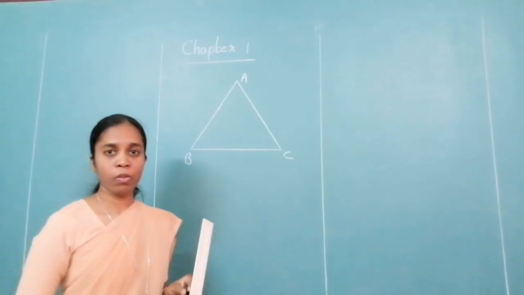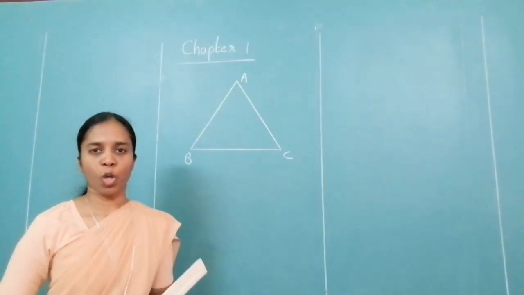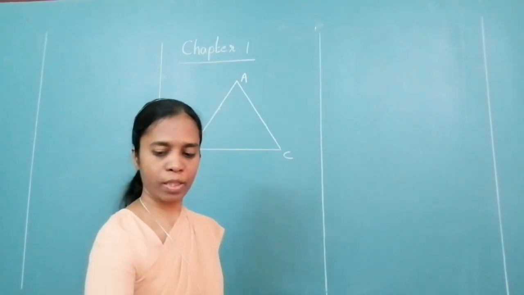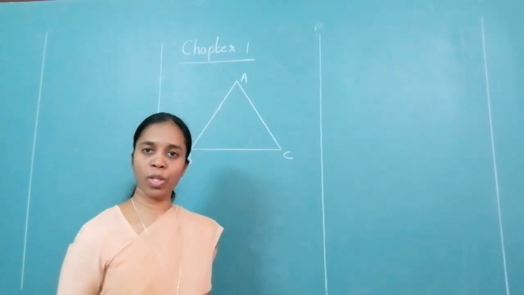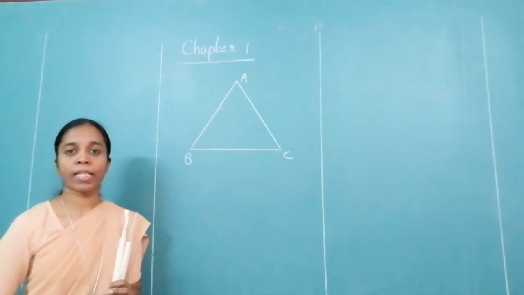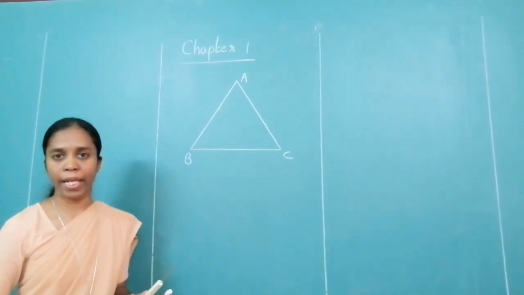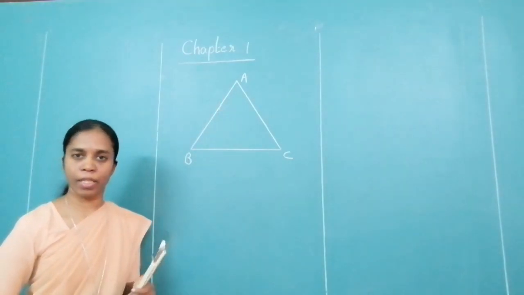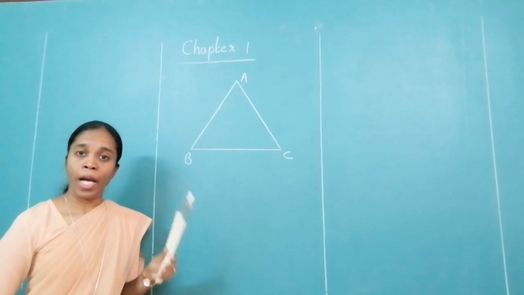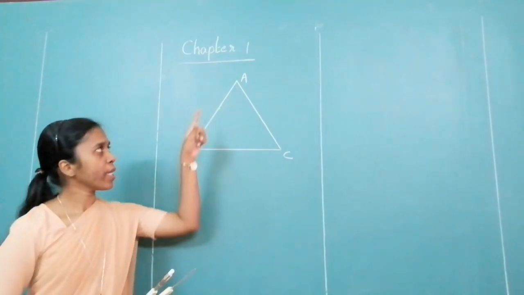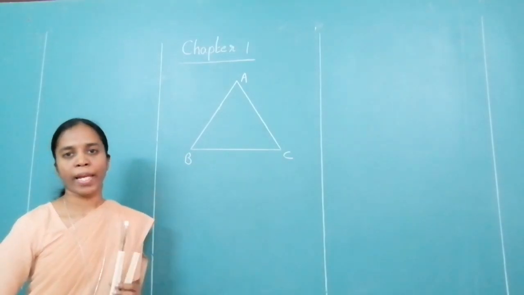Okay. Now I have a triangle drawn over here. All of you know how to draw an angle bisector, isn't it? An angle bisector is for an angle. Now when you look at this triangle, how many angles are there? There are 3 angles, A, B and C. Now I want to draw angle bisectors for each and every angle.